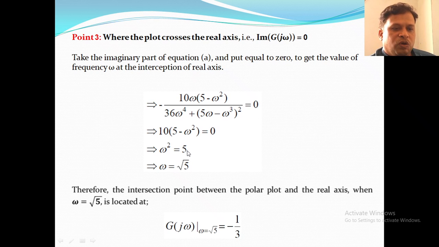So omega square is equal to 5 and omega is equal to root 5. Therefore the intersection point between the polar plot and the real axis, when omega is equal to root 5, is located at G of j omega at omega equal to root 5, which is minus 1 by 3. So by substituting this value of omega equal to root 5 in that particular equation, we get minus 1 by 3 as the value of G of j omega.